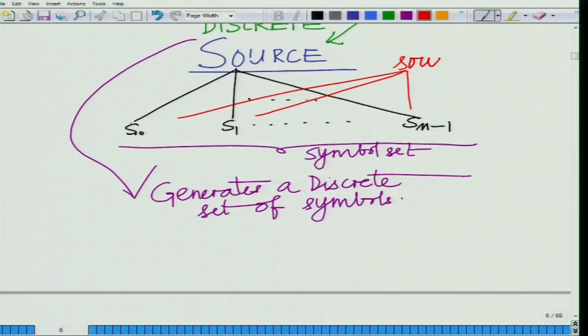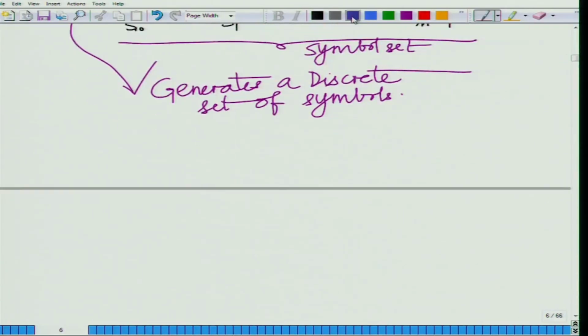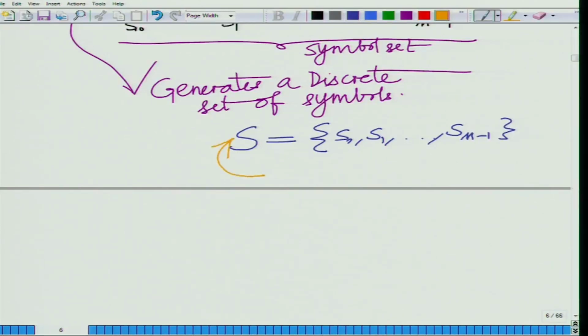This set is also termed as the source alphabet. So, we have a set S consisting of symbols S0, S1, up to Sm minus 1 generated by the source.